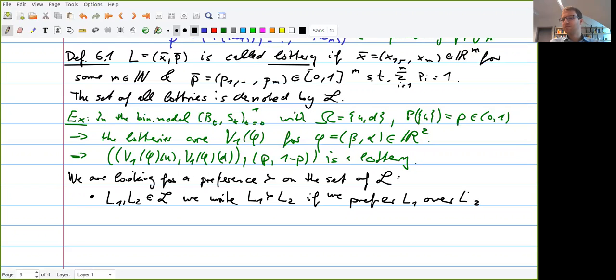So what does it mean? Keeping in mind this little example I just gave you, this means if I have two investment strategies and I can say, okay, I certainly prefer the first investment strategy compared to the second one, then I write this, that this is preferred over.